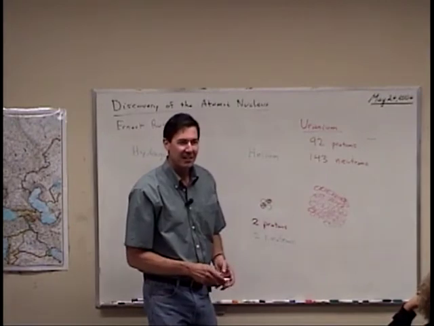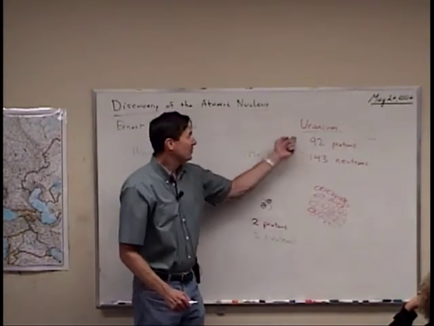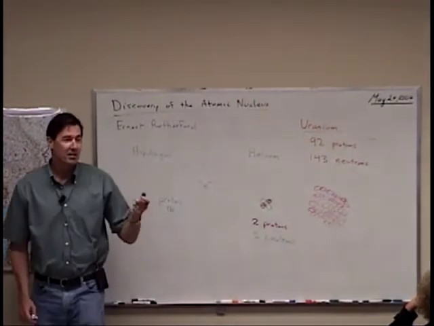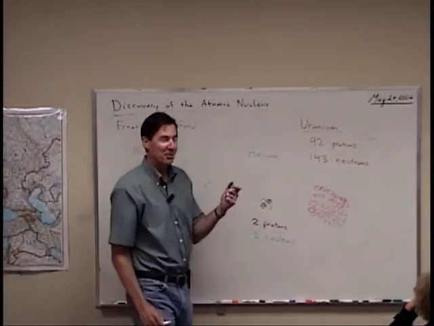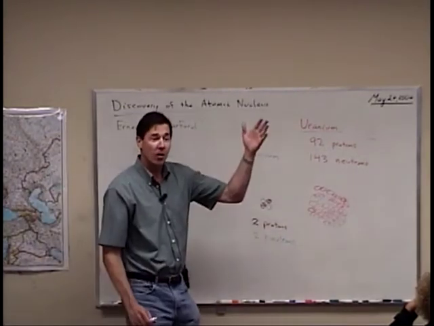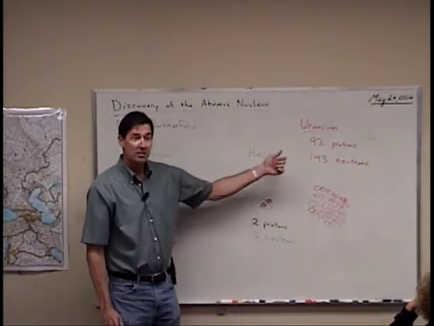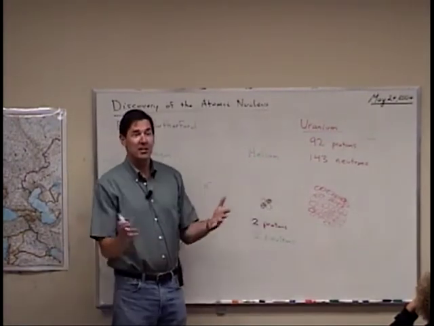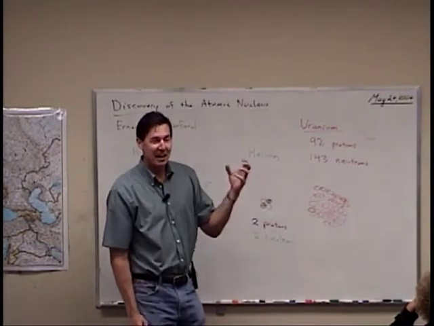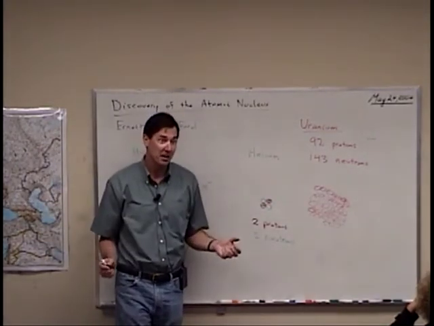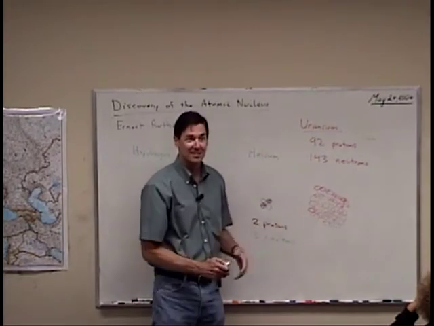It goes from uranium to thorium to radium to radon to, God, I forget what's after that. But it goes all the way down to lead eventually. And then it stops because lead is the heaviest stable nucleus that doesn't shoot out these particles. It doesn't want to get smaller.